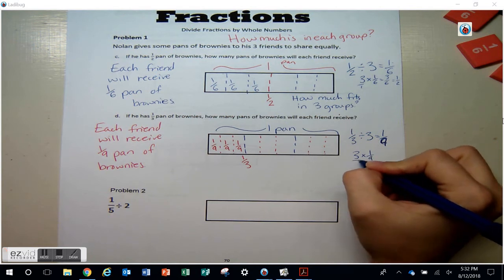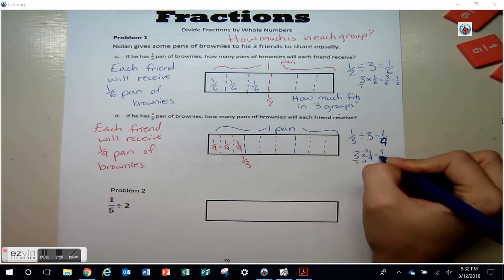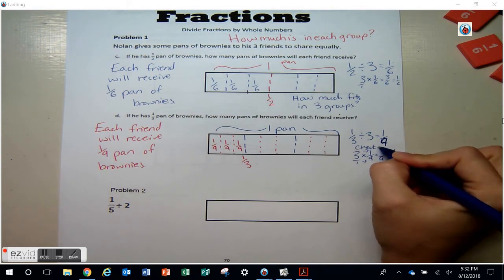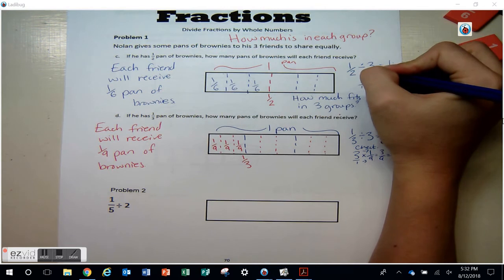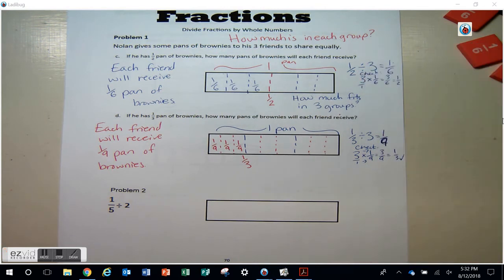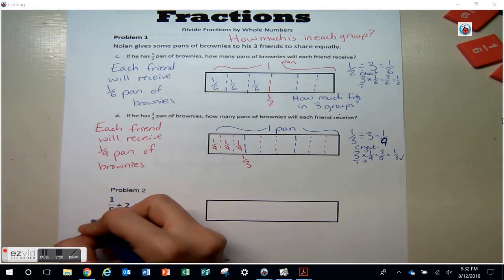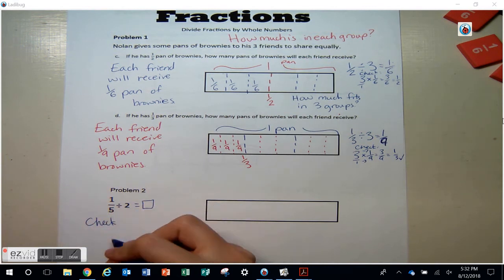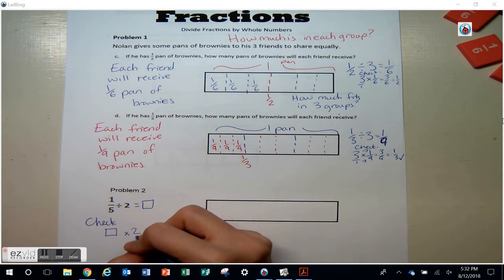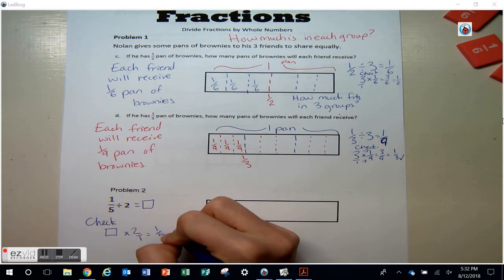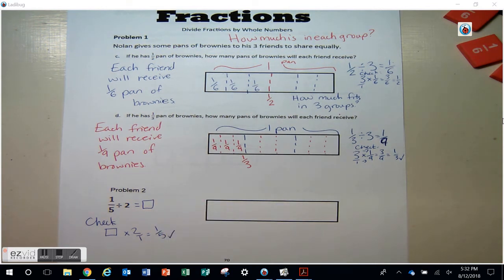Check. 3 times 1/9 equals 3/9 equals 1/3. Check. We can see that those worked out. So here we have a problem. I could check this by doing whatever my answer is times 2, or 2/1, and then I'm hoping that I would get 1/5. That's how I would know that my answer was correct.